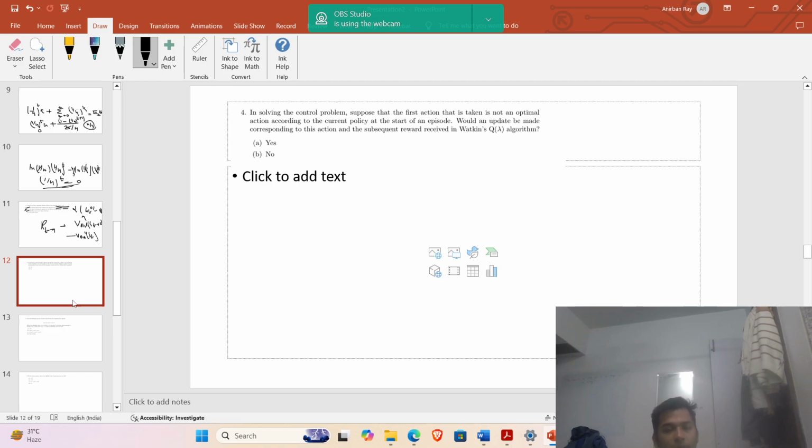In solving the control problem, suppose the first action that is taken is not an optimal action according to the current policy at the start of an episode. Would an update be made corresponding to this action and subsequent reward received in a Watkins Q lambda algorithm?